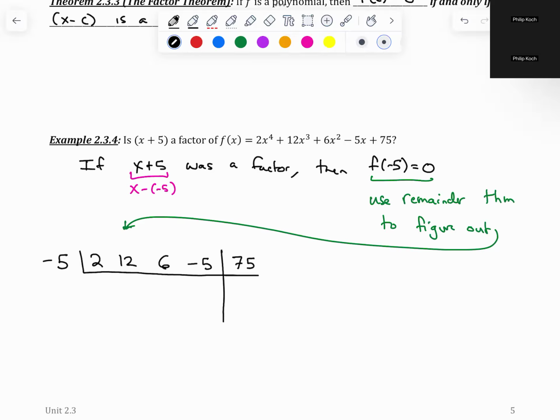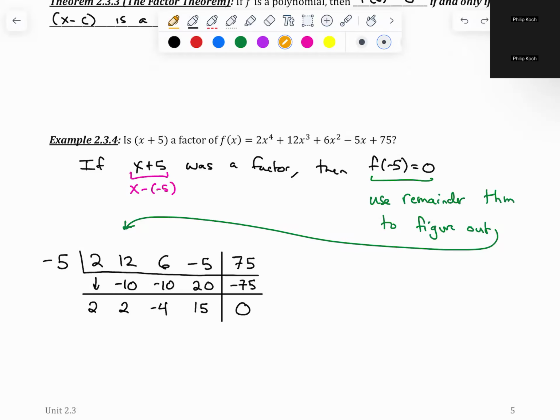Put a vertical bar right before our constant term and carry out this synthetic division. Want to pause it so we can do that? So you should get this, and so when we divide by x plus 5 with synthetic division, in this case, we get a remainder of 0.